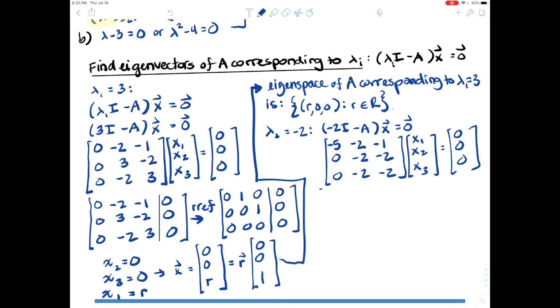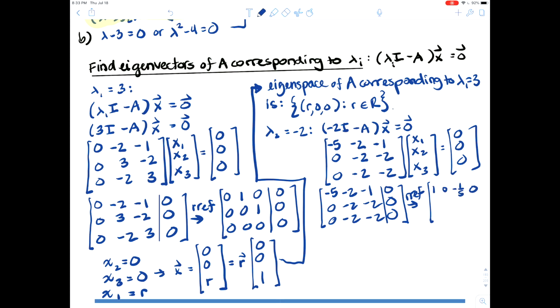So row reducing, we'll have what? All right, so for this one, the reduced row echelon form of the matrix will be 1, 0, negative 1/5, 0, 0, 1, 1, 0, and then a row of zeros.